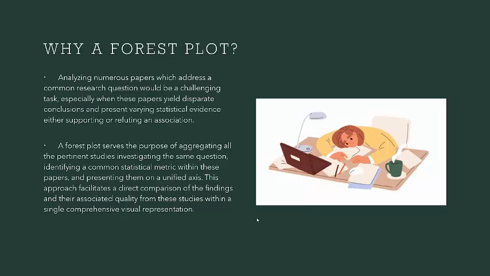A forest plot serves the purpose of aggregating all the pertinent studies investigating the same question, identifying a common statistical metric within these papers, and presenting them on a unified axis. This approach facilitates a direct comparison of the findings and their associated quality from these studies within a single comprehensive visual representation.